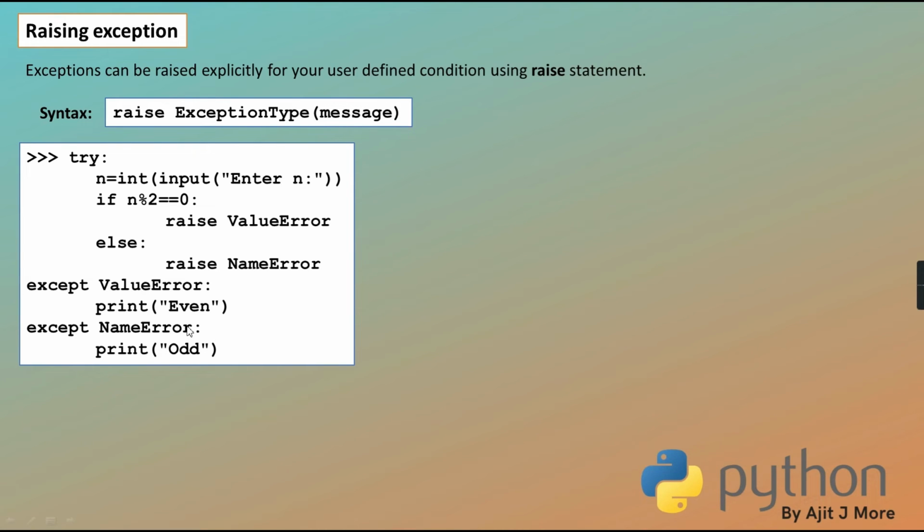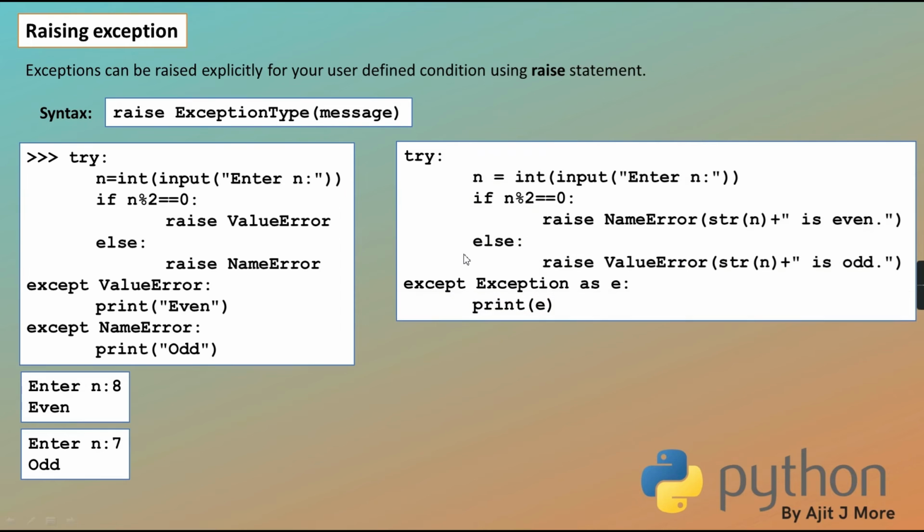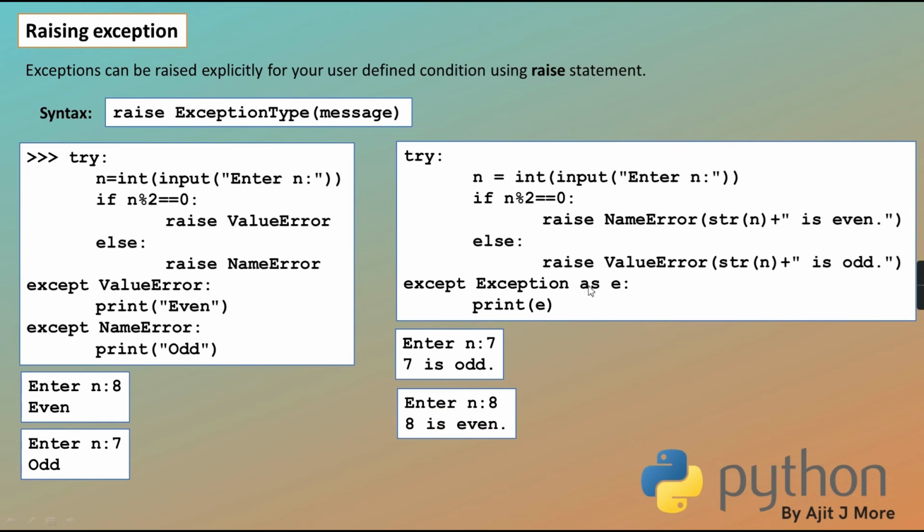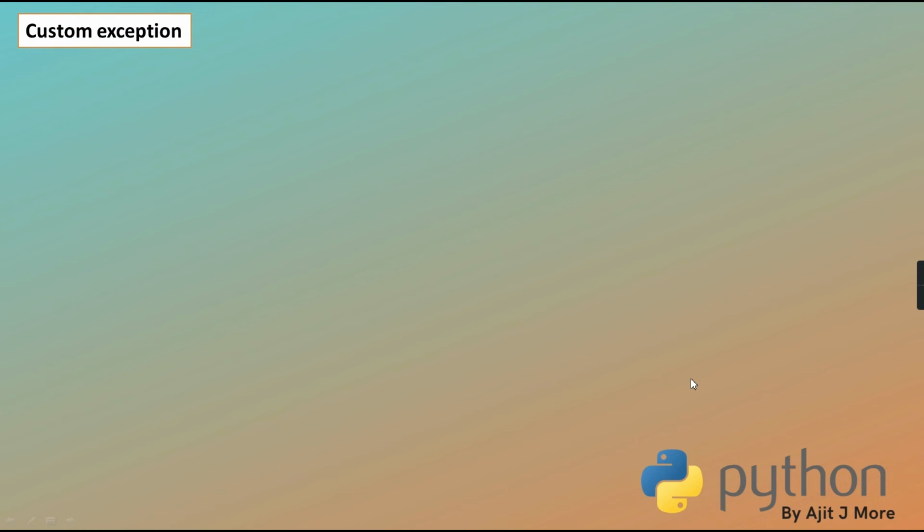But in this whole case, you can realize that you are raising predefined exceptions for a user defined condition. The condition is user defined, but the problem raised is from the listed ones, which should not be. In one program I have passed something to the constructor, and here I didn't pass it. So you can do both ways, which I showed you. This is the illustration I gave you.